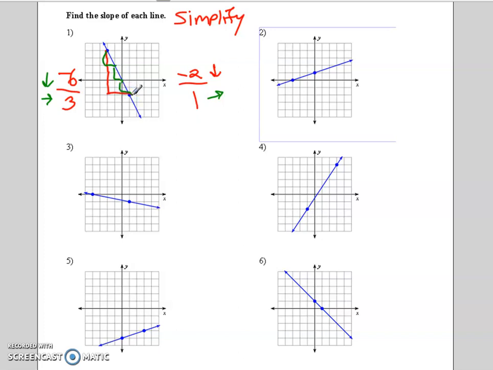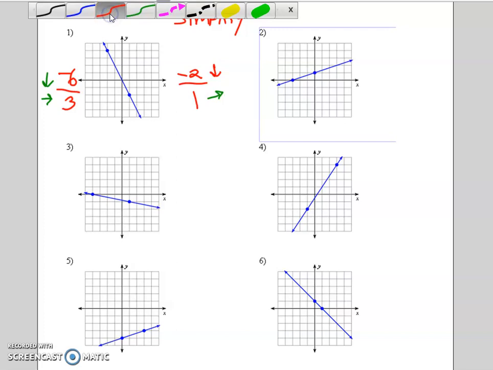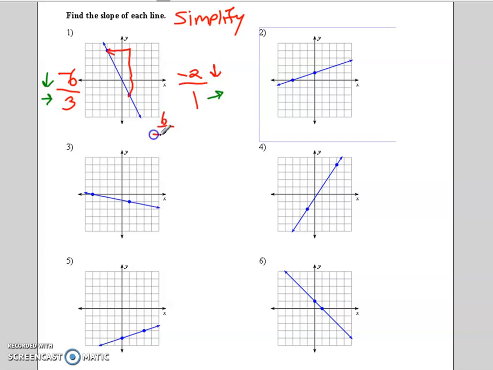1. Now, what if you wanted to start at the bottom point? Well, that's perfectly fine. So let's watch what happens here. So you could start at the bottom point, and then you're going up 3, 4, 5, 6, and left 3. So that would be 6 over -3.